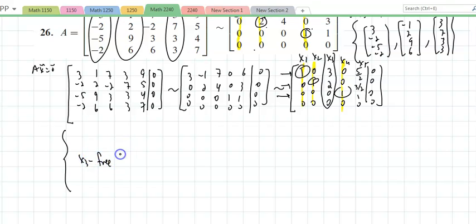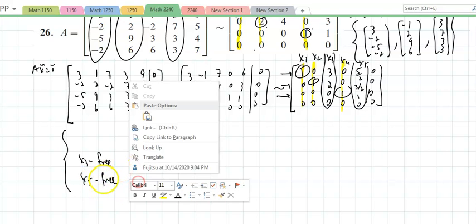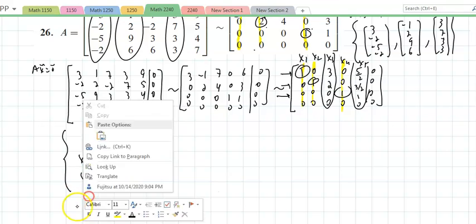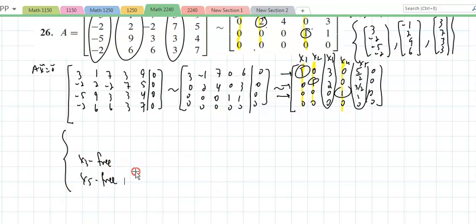That means all my answers will be in terms of that, and x sub 5 is free. So, let's start from the bottom up. If I'm looking at these equations, I notice that from the top down, x sub 1 is negative 3x sub 3 minus 5 halves x sub 4.